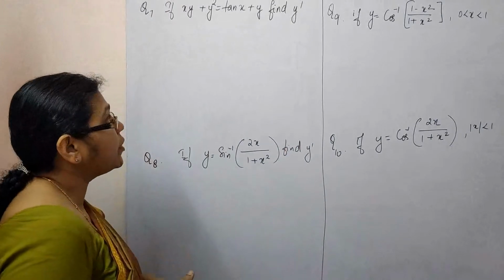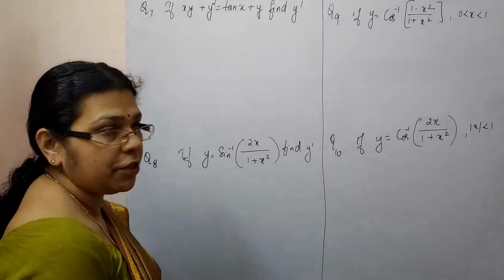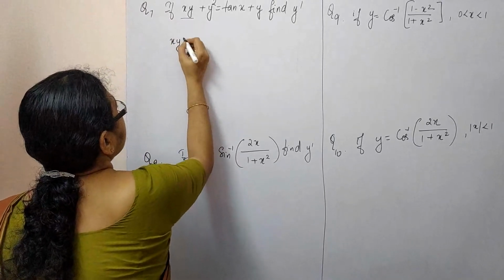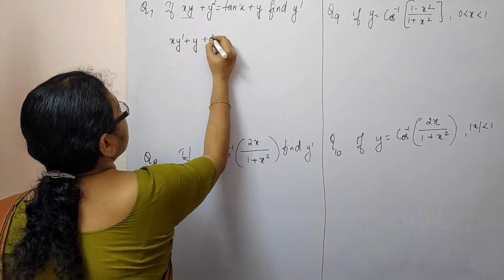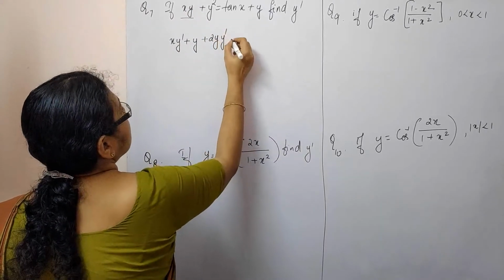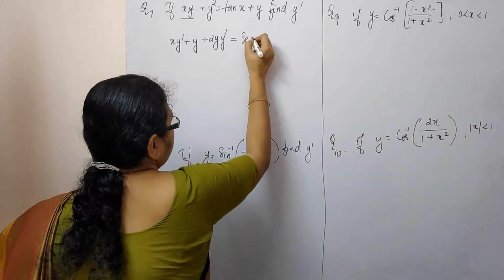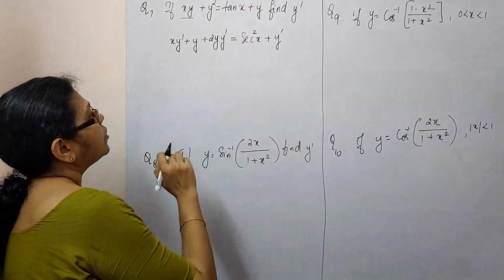If xy plus y squared is equal to tan(x plus y), find y dash. Okay. So now this is product rule. x into y dash plus y, that of x is 1, plus 2y y dash is equal to, derivative of tan x is what? sec squared(x plus y) into (1 plus y dash).